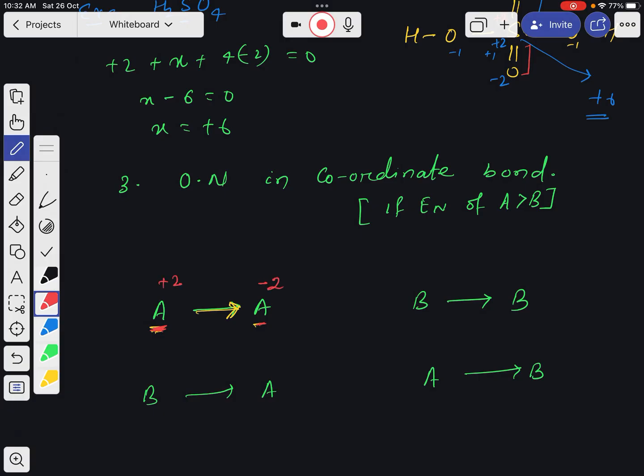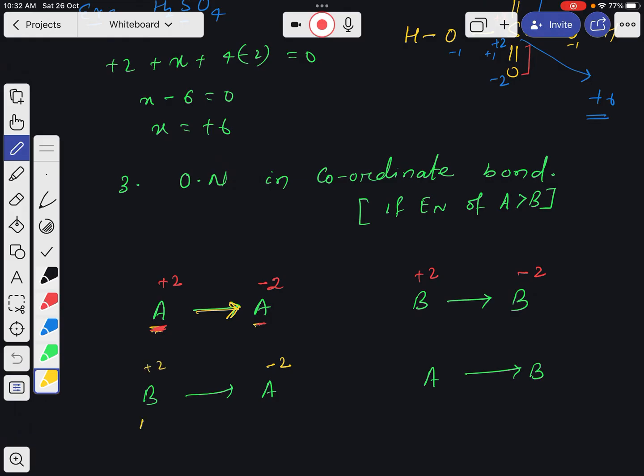In coordinate bond, when you assume, there is a minus 2 charge on that atom which gains electrons. In this case it gets minus 2 and this gets plus 2. Also in this case this is minus 2 and this is plus 2.